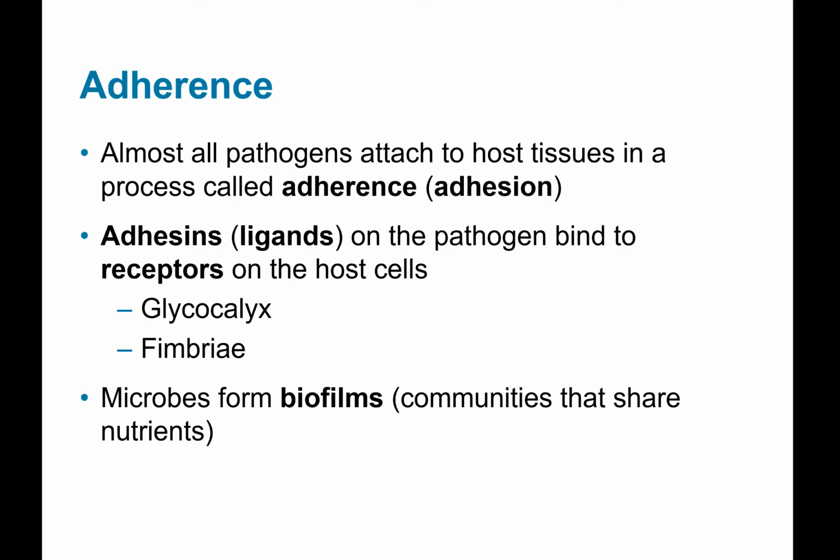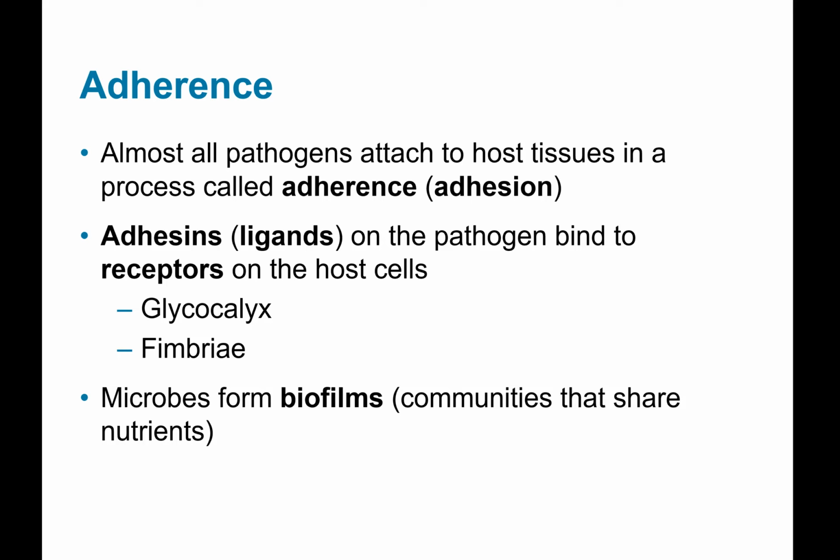Okay, so once a microbe gets in and has enough ID50 to stick around, then what happens? Then it adheres. It has to attach to something, usually some receptor on your cells.